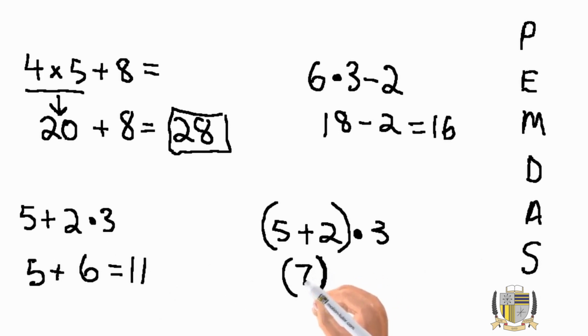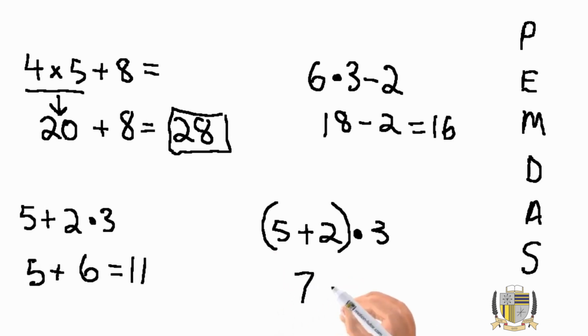Now with 7 inside that parentheses, actually we don't even have to write the parentheses anymore because we already took care of what's inside. So I'll erase this. 5 plus 2 is 7, and it's the 7 times the 3.